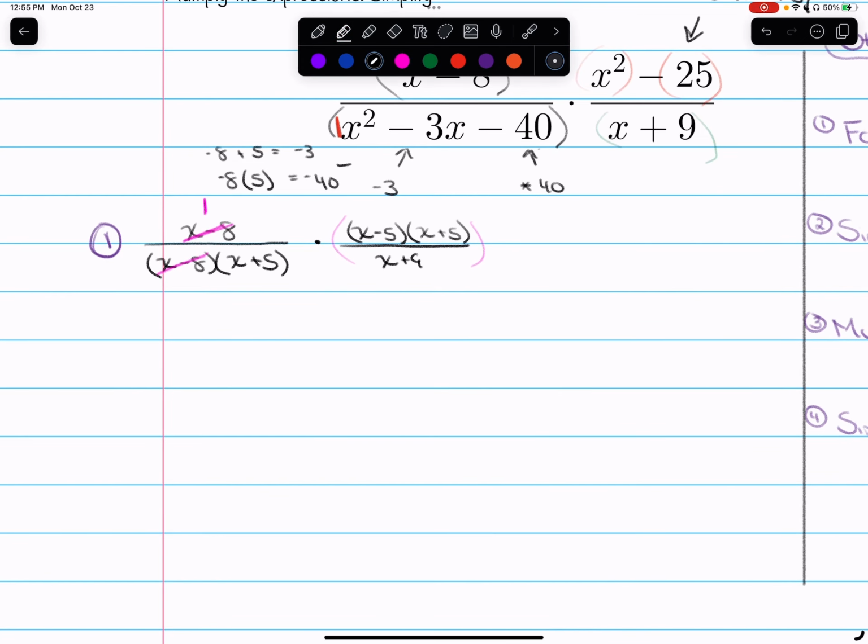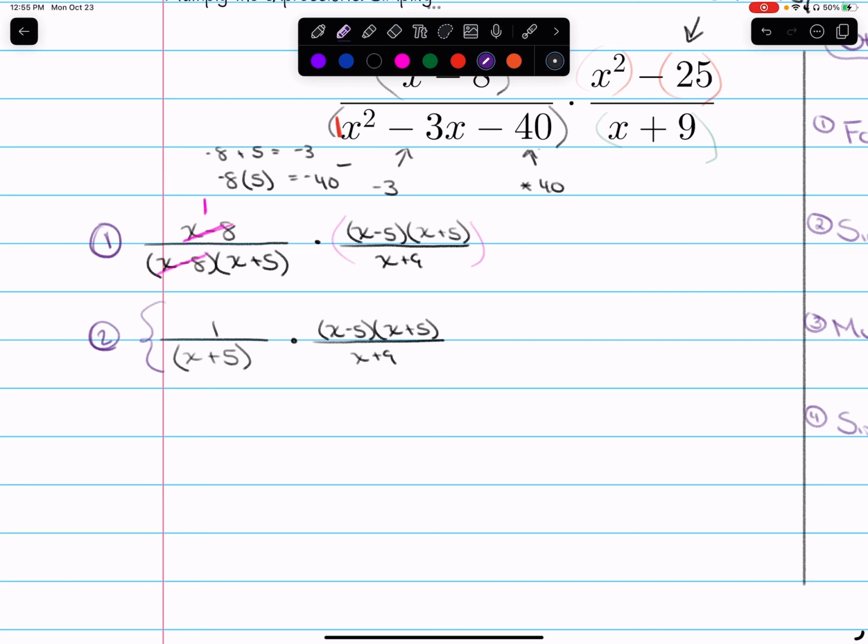So we end up with 1 over x plus 5, times our second fraction, which doesn't change anything. It's x minus 5, x plus 5 over x plus 9. Okay, so this right here is step 2, where we simplified what we could.